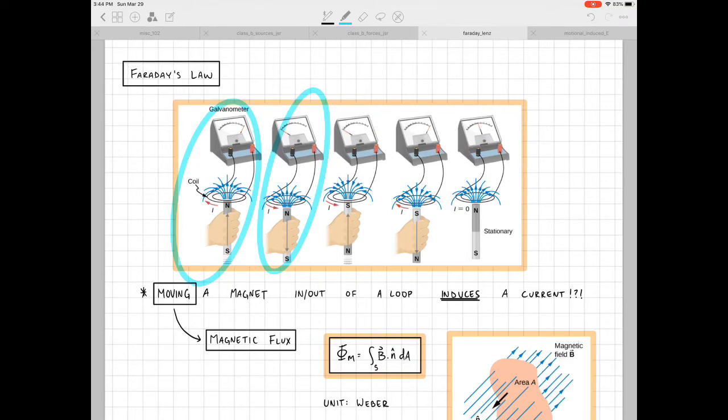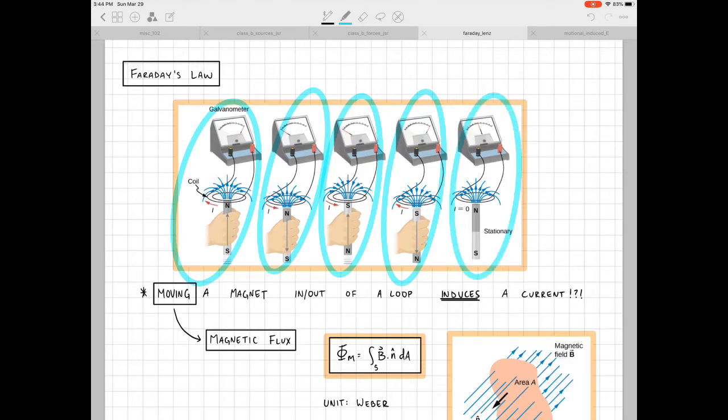And if you change the orientation of the bar magnet and push it into the loop again, the galvanometer deflects to the left, and when you pull it back out, it deflects to the right. And probably most importantly, if you just hold the magnet near the loop of wire, no current is induced or flowing through the loop.